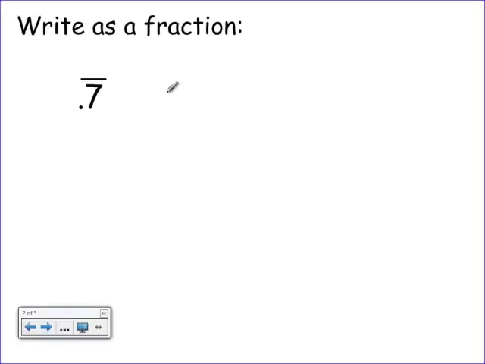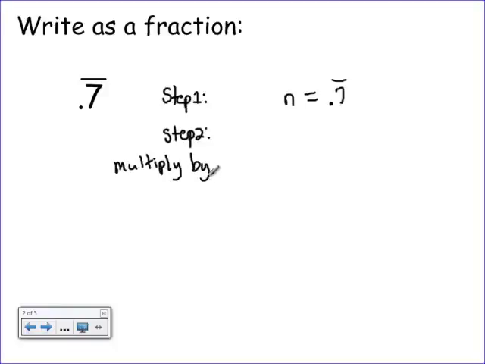Here we go. Step 1. We write a let statement. N equals 0.7 with a bar over it. Step 2. Multiply by a power of 10.